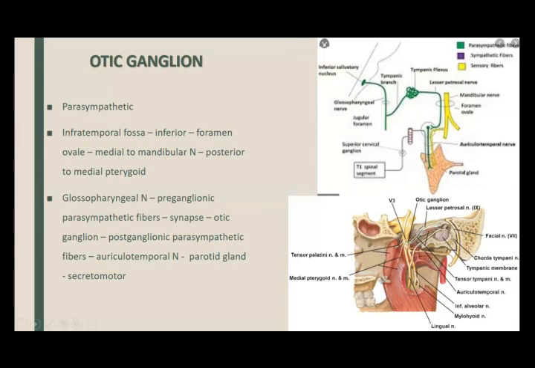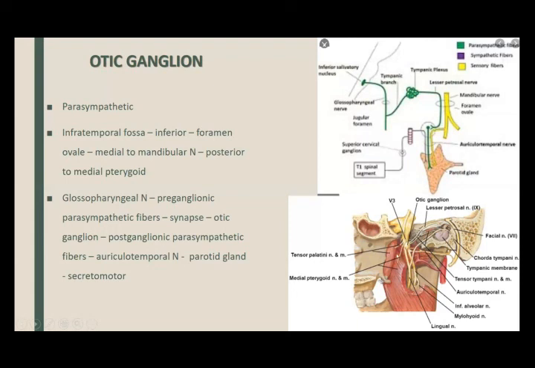So this is the medial surface, and you can see the medial pterygoid. This is the mandibular nerve. The ganglion is lying in the infratemporal fossa, immediately below the foramen ovale.